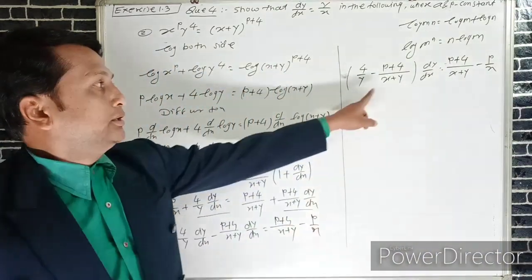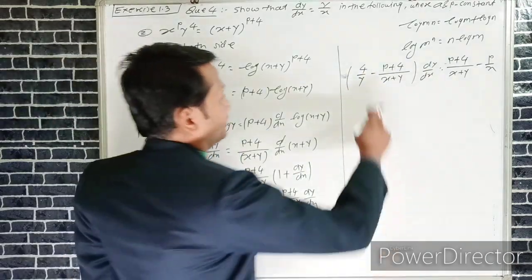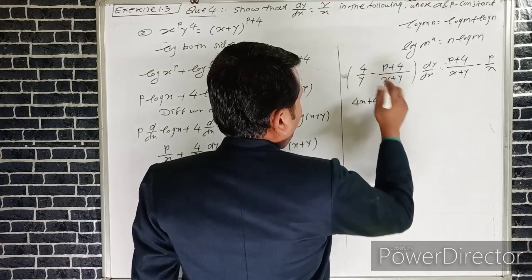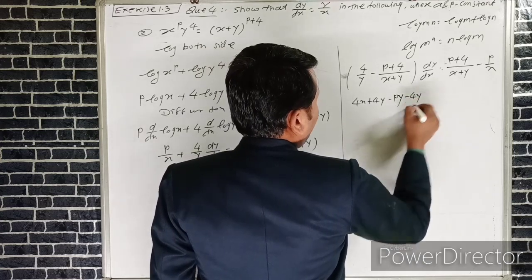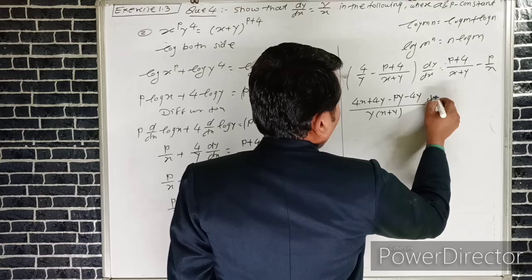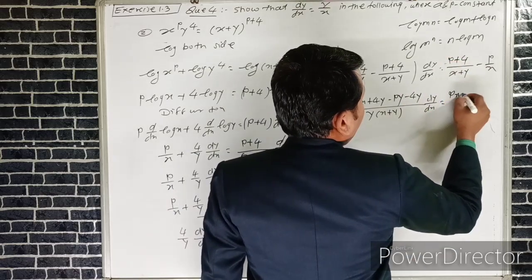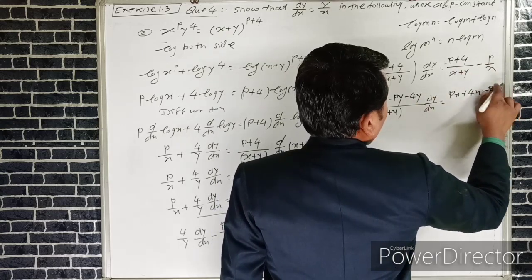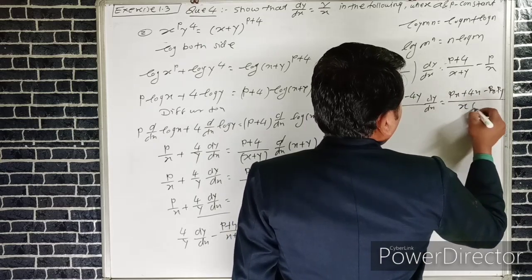Here, if we take the cross product of both sides, we can write 4x plus 4y minus py minus 4y upon y in bracket x plus y dy upon dx, and px plus 4x minus px minus py upon x in bracket x plus y.